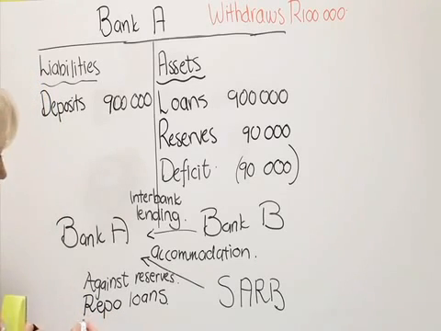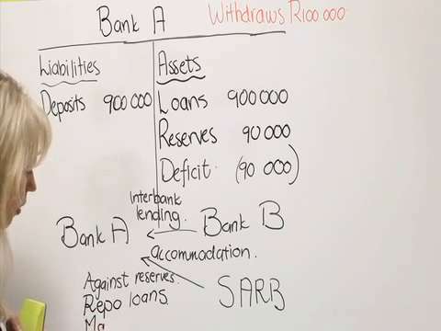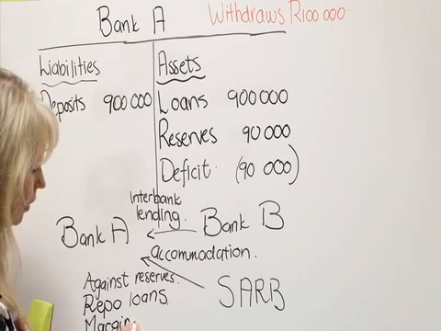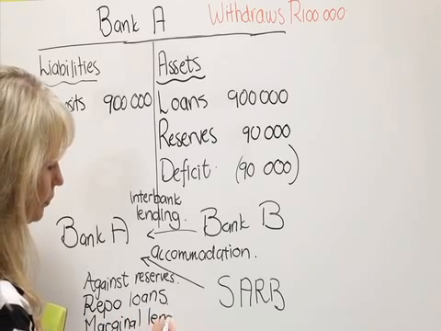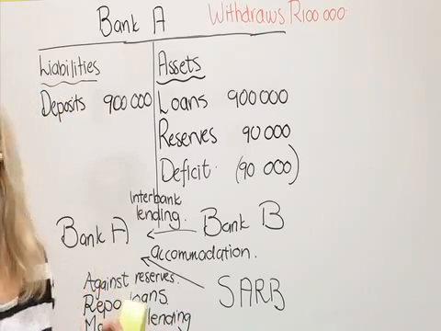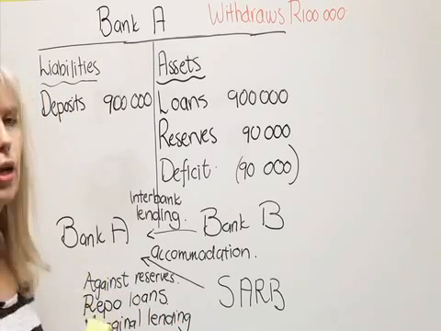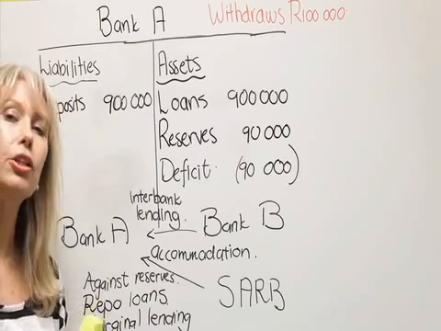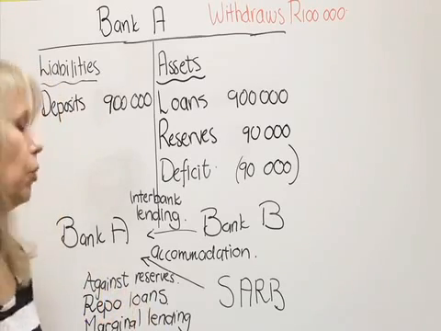And then the very last one we call marginal lending. That will take place at a much higher rate than the repo loans, and therefore banks will usually try to refrain from using this marginal lending.